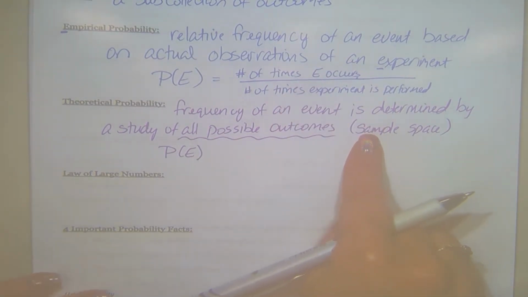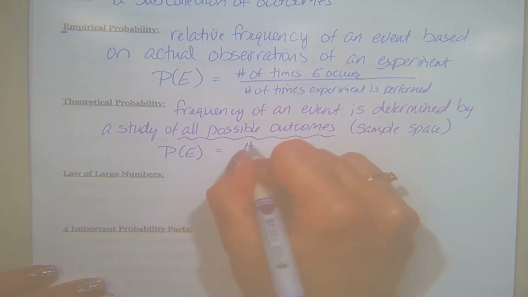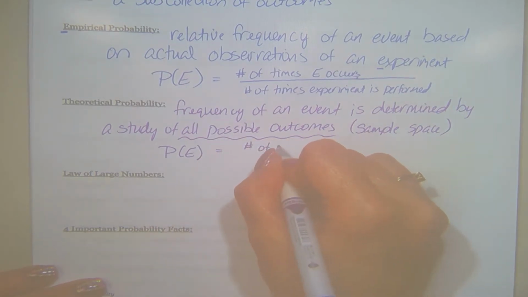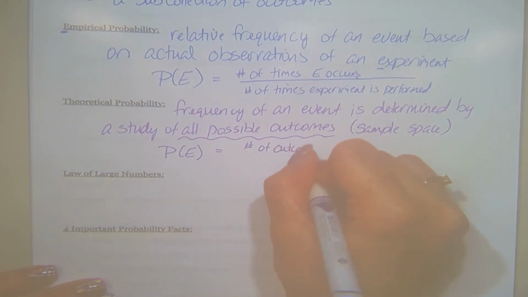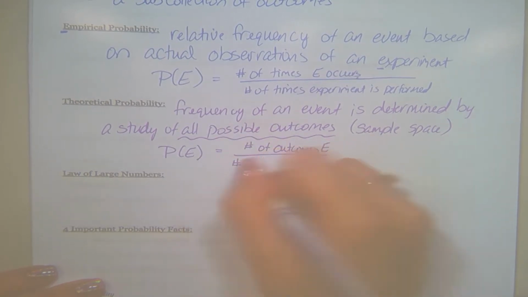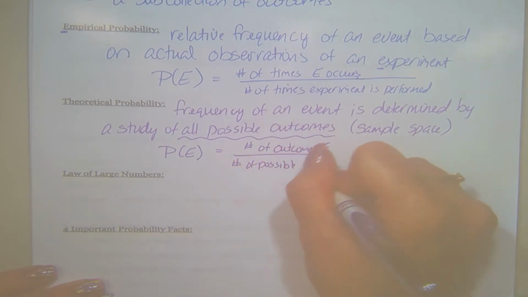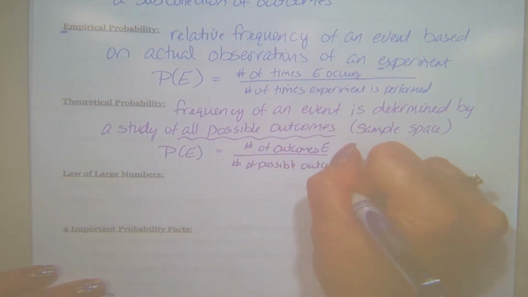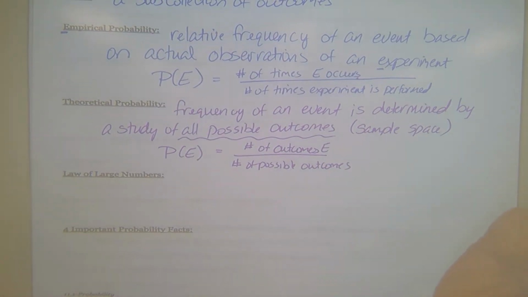When I do the theoretical probability, I'm looking at the number of outcomes, E, that show up in the number of possible outcomes, my sample space. That's where we got the 3 over 6, which reduces to 1/2 when I was talking about the die.